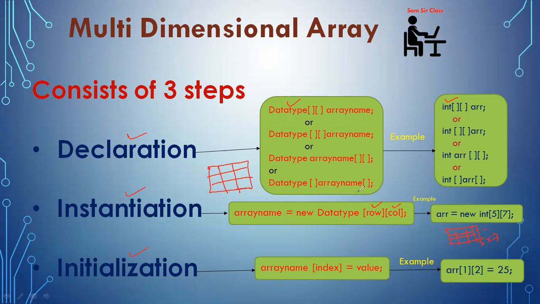Then during the time of initialization, you can also assign values using the array name with an index for row number and another index for column number, then equal to a value. Like array 1 2 equal to 25. So row number 1, column number 2, the value will be assigned. Okay, so let's see through the example or through programs so that you can understand.